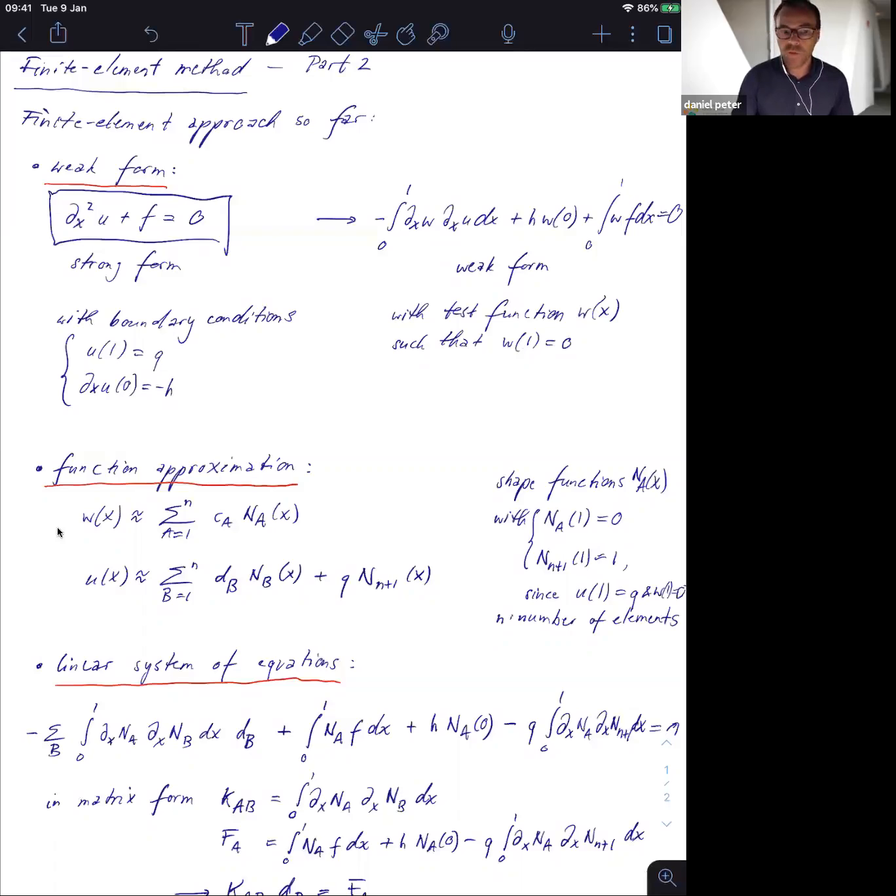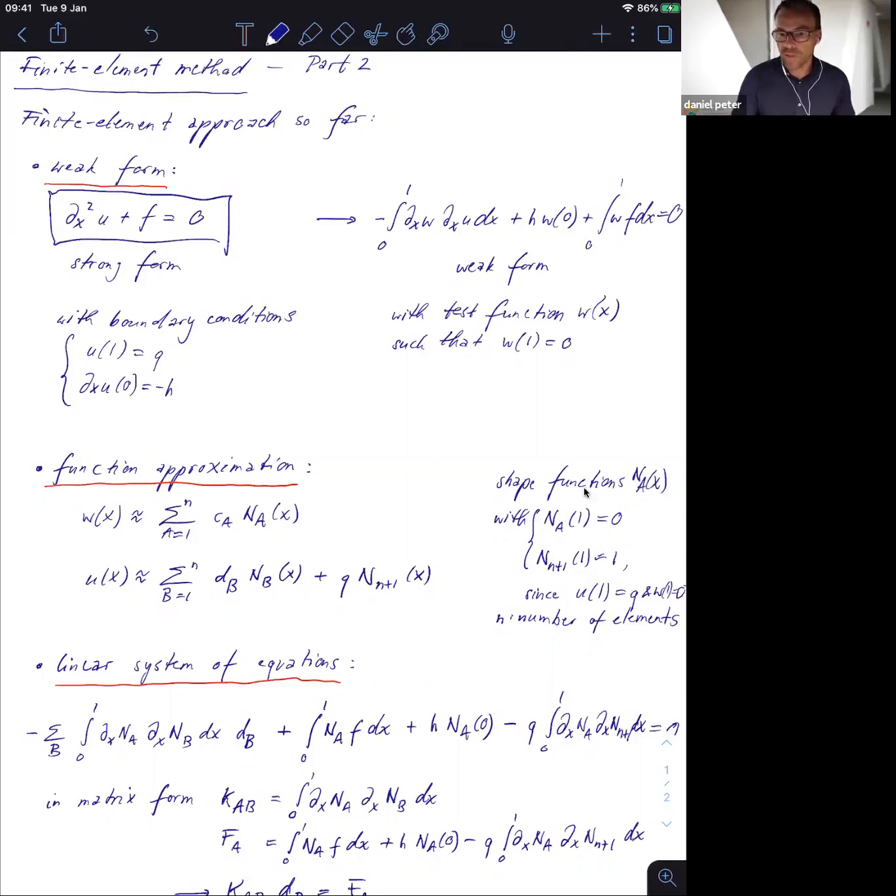Now we approximate the test function and the solution function with shape functions, or basis functions. This is an approximation. We approximate the function as an expansion on a certain basis, so it's not exact.